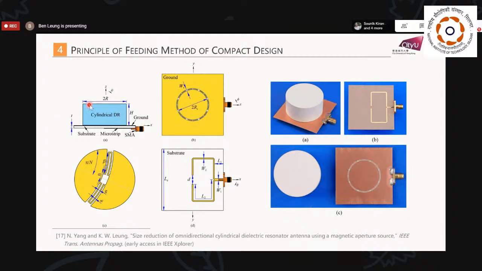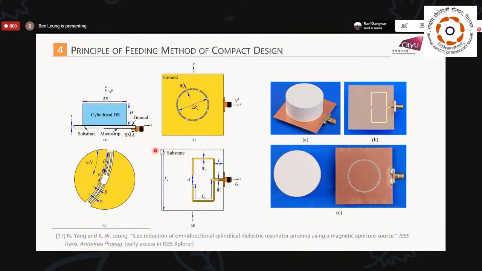Okay, to excite the DRA, we use an annular slot, but now it is not a conventional annular slot, but instead some inductive elements are introduced inside the slot.